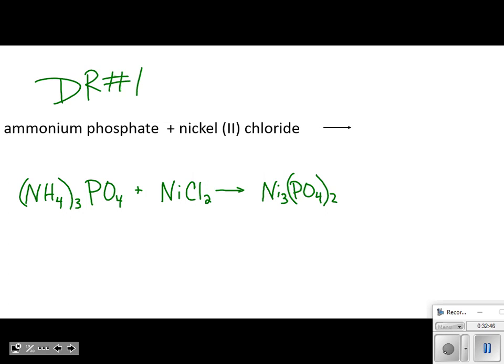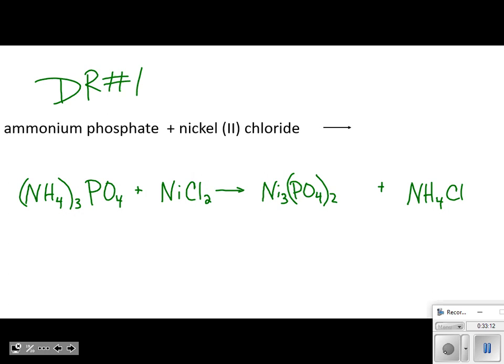So I need 3 nickel to team up with my 2 phosphates. My second product is going to be ammonium chloride. NH4 is a plus 1. Cl is a minus 1.